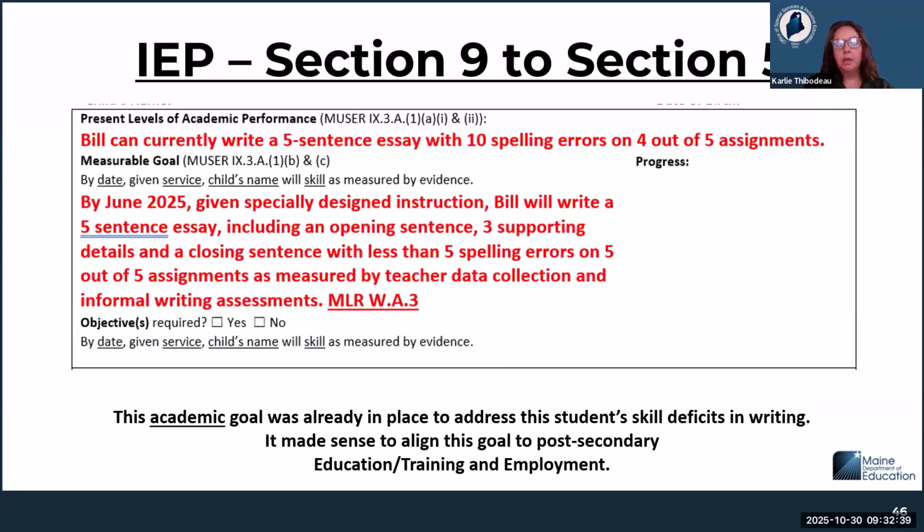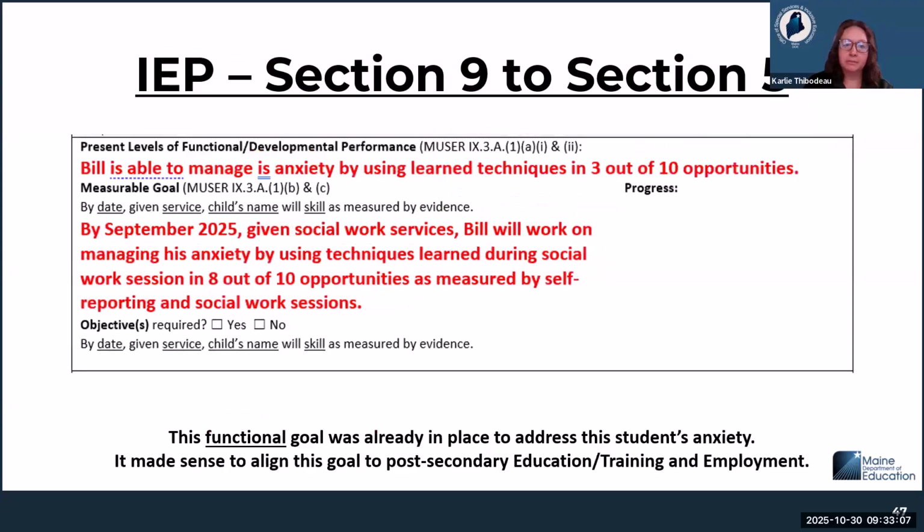So here's an example. There was this academic goal in this student's IEP around writing an essay. This already was in place, and it does align to the post-secondary goal because the student wants to attend a four-year college or university. So the student would need to work on his writing skills to be able to do that, because they would need to take a class in college that would require that skill.